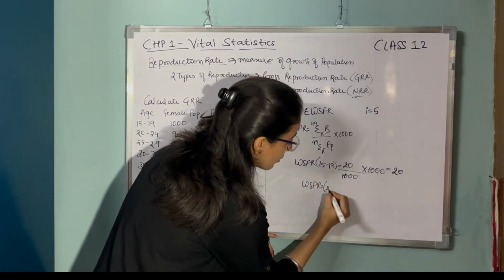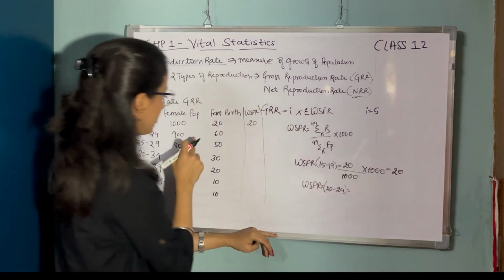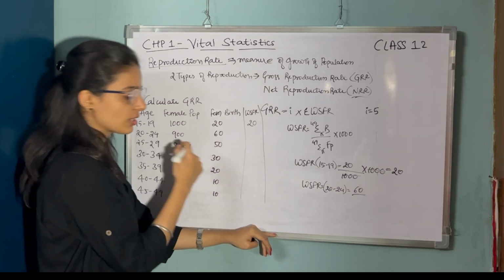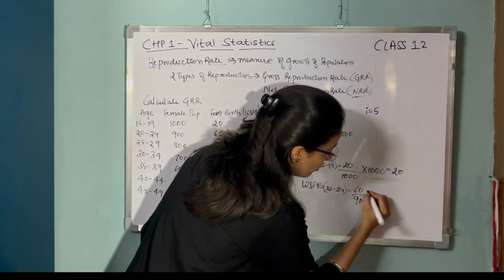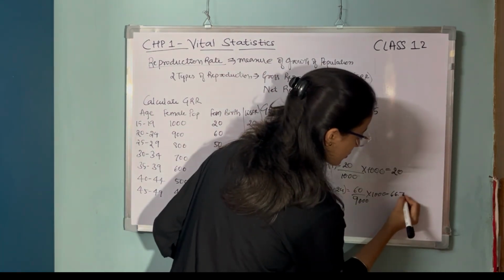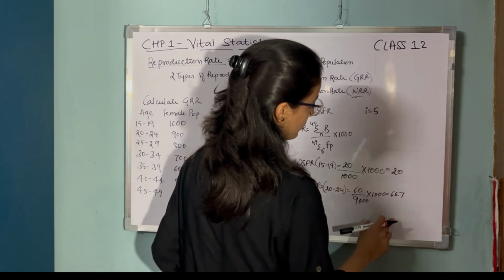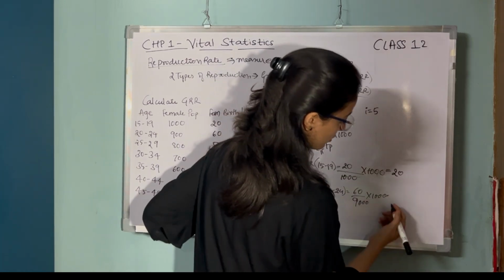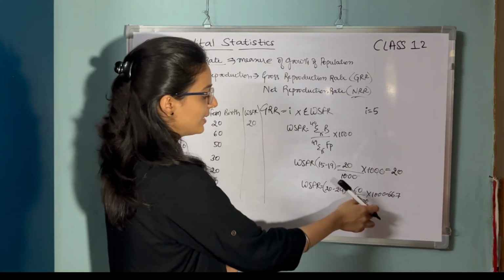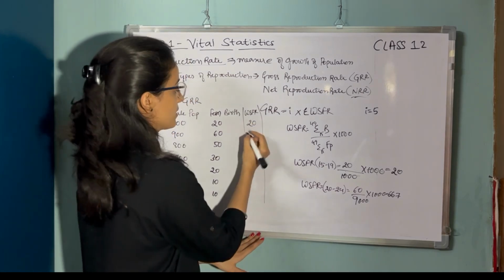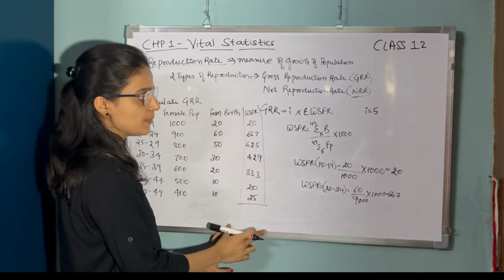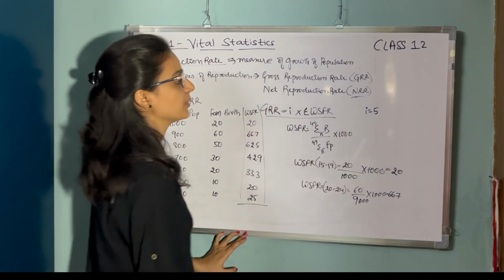Next, WSFR for age group 20 to 24. Birth is 60, whereas population is 900, into 1000, so it is 66.7. Let us similarly calculate WSFR for all the age groups. Now let us substitute in our formula.